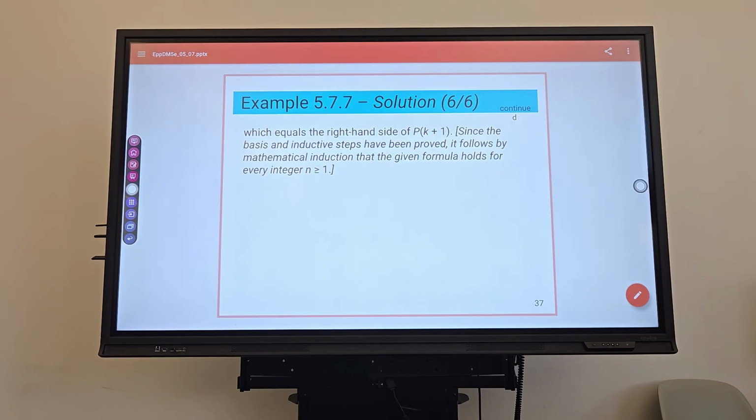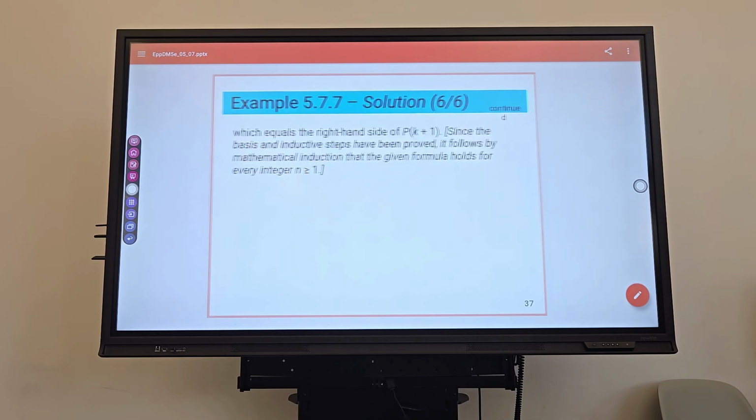So it follows by mathematical induction that the given formula holds for every integer n greater than or equal to 1.